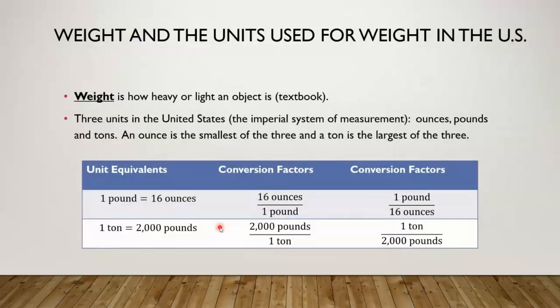All right. So now here, we looked at length. I know there wasn't much to it, but now what we're going to look at is weight. Weight, as we know, is just really how heavy or light something is. Now, for the moment, we're focusing on the units that are used in the United States, ounces, pounds, and tons.